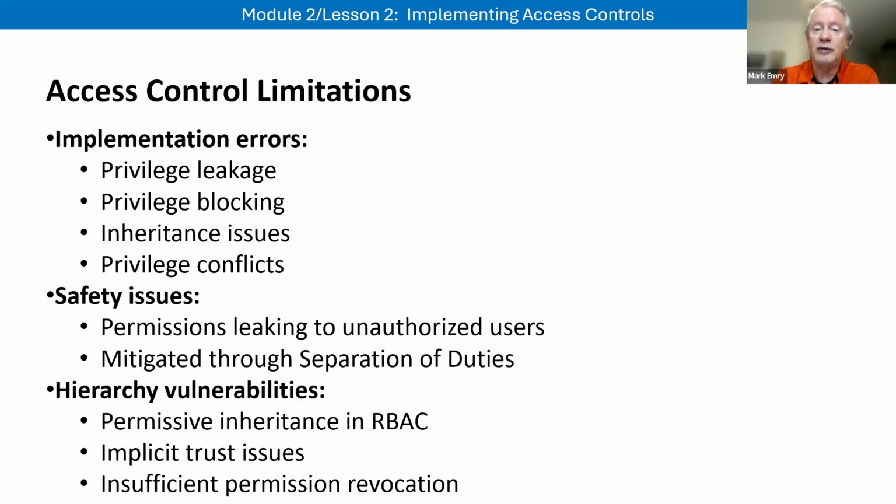Hierarchy vulnerabilities resulting from permissive inheritance in RBAC, implicit trust issues, or insufficient revocation of permissions. Another limitation is access control is dynamic in nature, and that is likely to change over time in reflection of ever-evolving business factors or government regulations or environmental conditions.